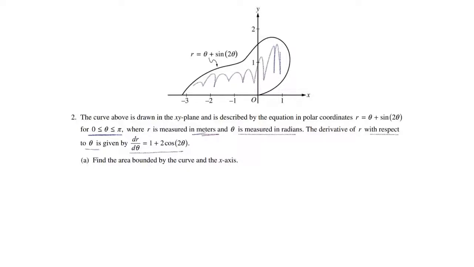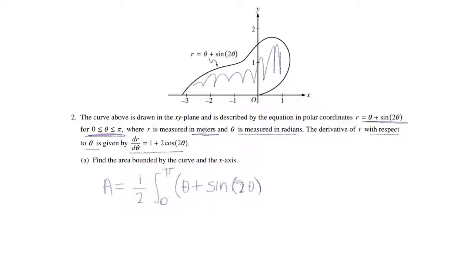So we are going to need to integrate, and we're going to use our handy area formula. Our endpoints are from 0 to pi of our r, so we have theta plus sine 2 theta. Oh, my marker's not wanting to write today.